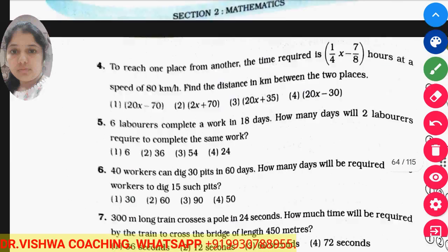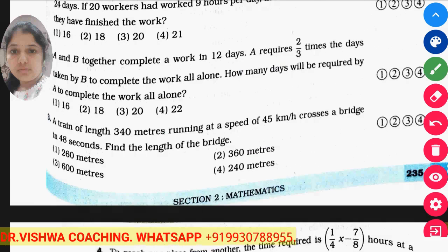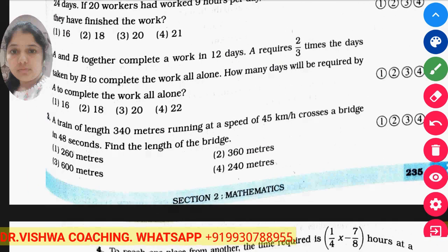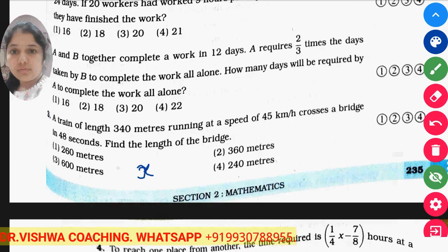Now the third sum is the same as the train sum. The length of the train is given as 340 meter, running at a speed of 45 kilometer per hour, and it crosses a bridge in 48 seconds. The length of the bridge is asked. We assume the length of the bridge as x here, and the total distance becomes x plus 340.